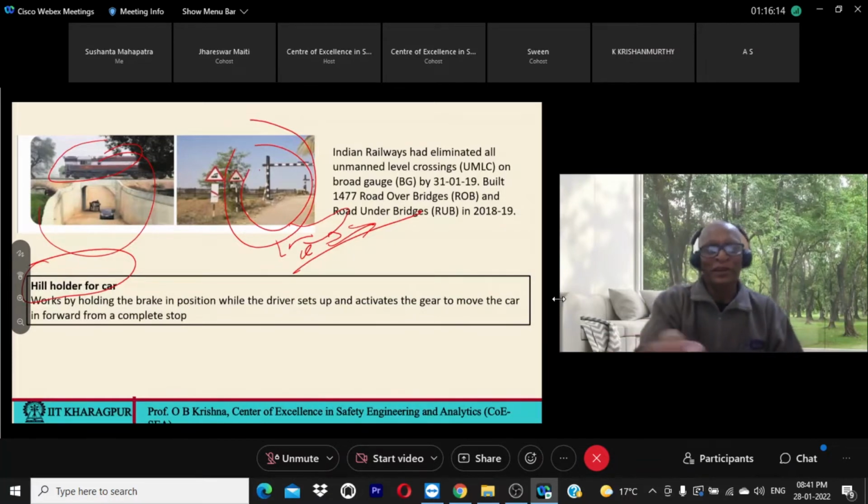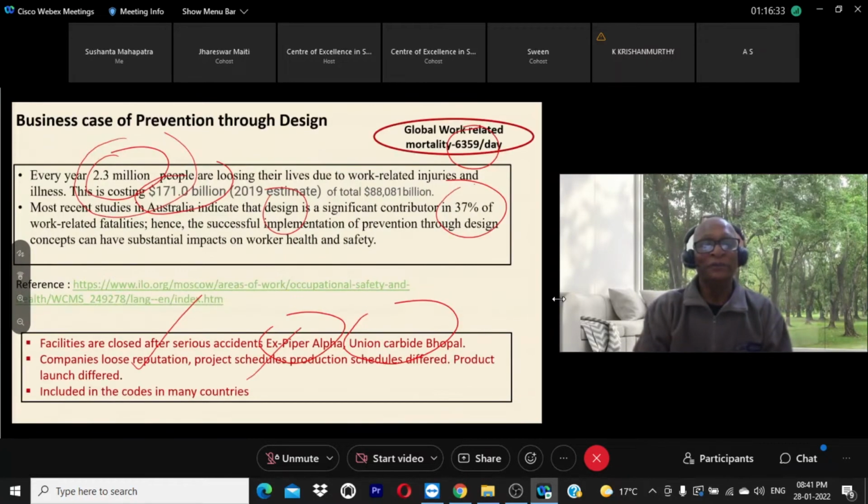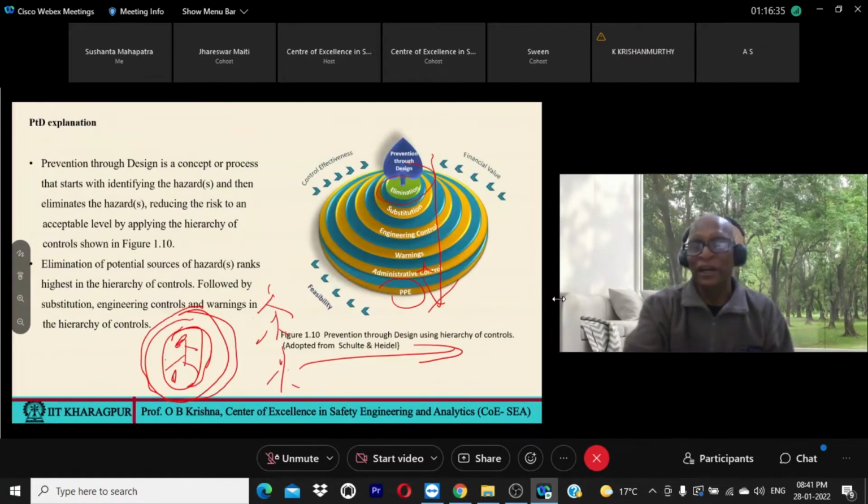But now they brought road under bridges, and they have eliminated all the rail crossings. This is called engineering controls. So engineering controls is the third best. They have not eliminated, but they have put the engineering interventions. If these are not possible, then finally we go to warnings, administration, correction, PPEs.